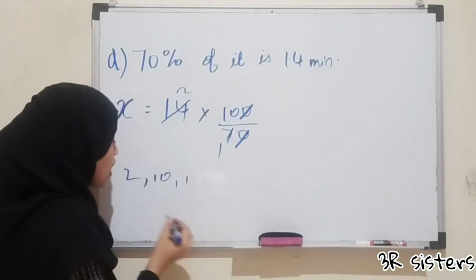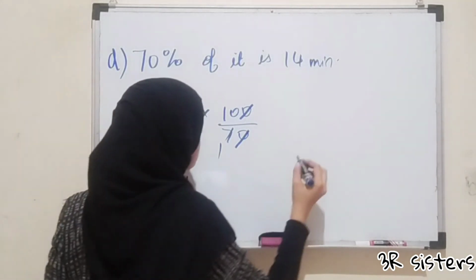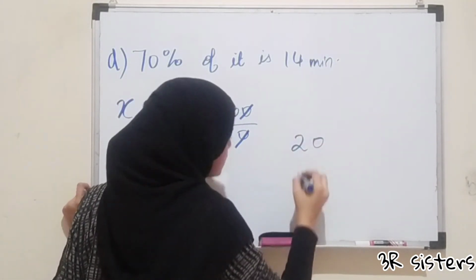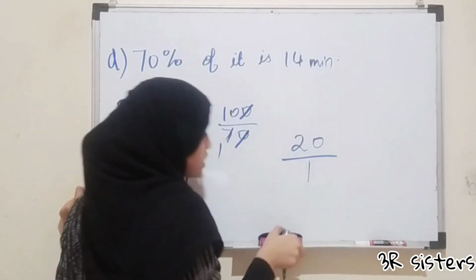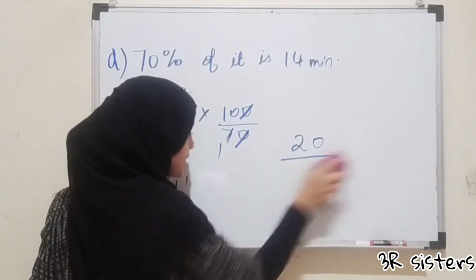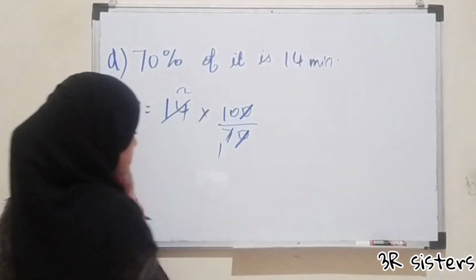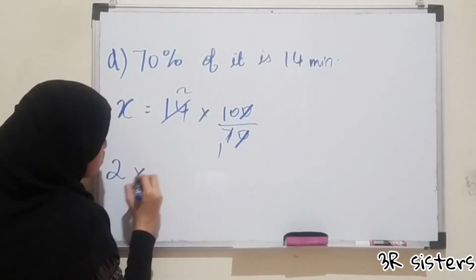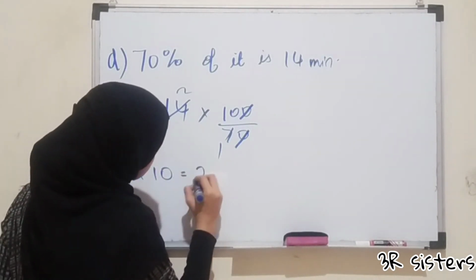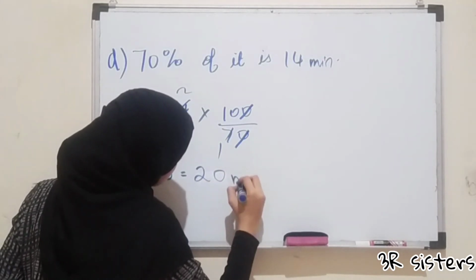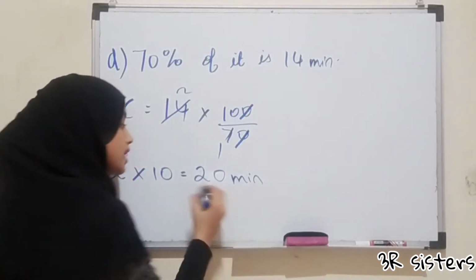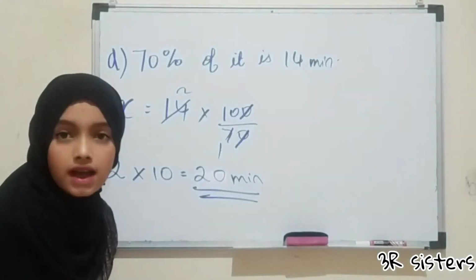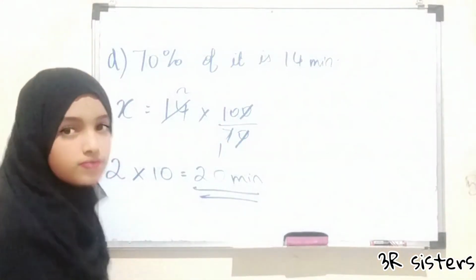Okay? So, now we have to multiply 2 into 10, which is equal to 20. 20 by 1, which is nothing but a whole fraction. So, the answer we get here is 2 into 10, which is equal to 20 minutes. Okay? This is what we get as the answer. Now we can write the answer in a sentence form.